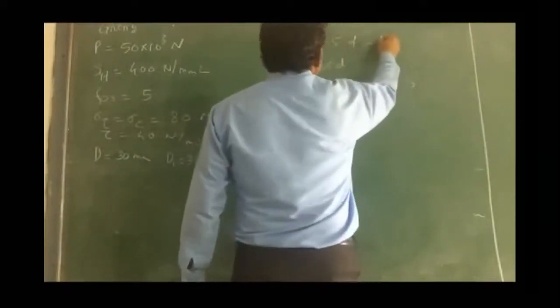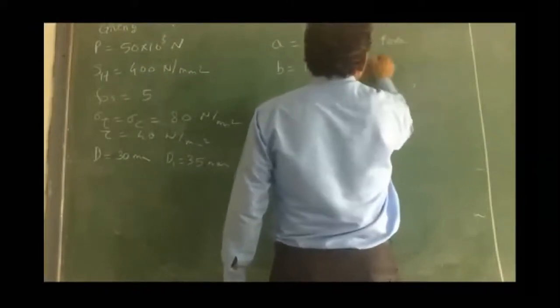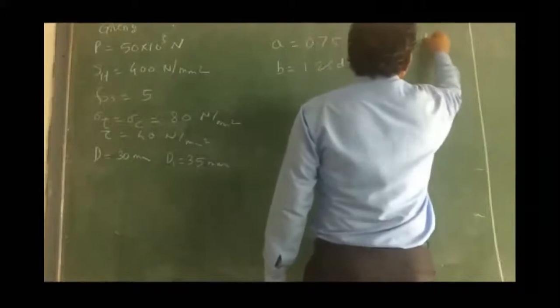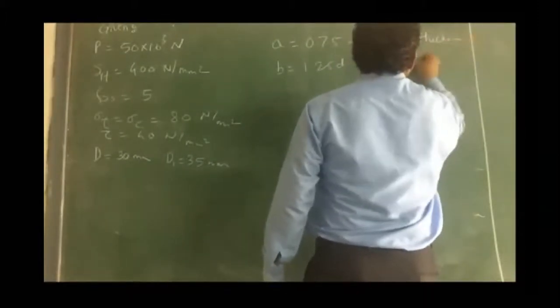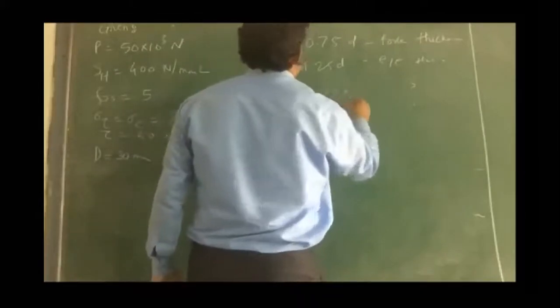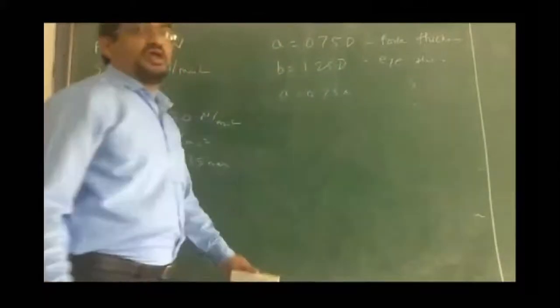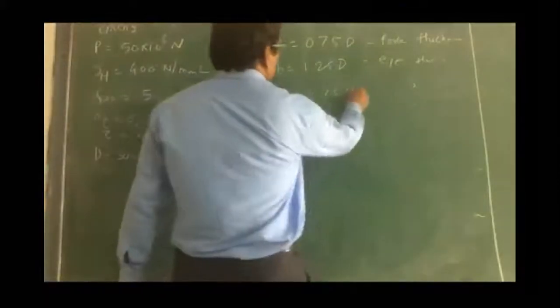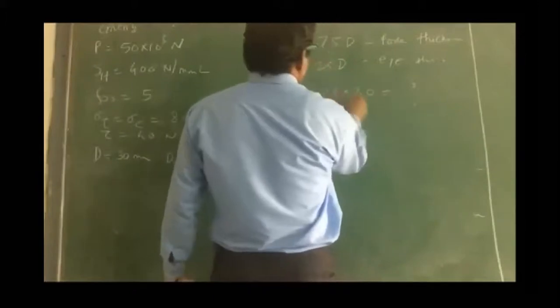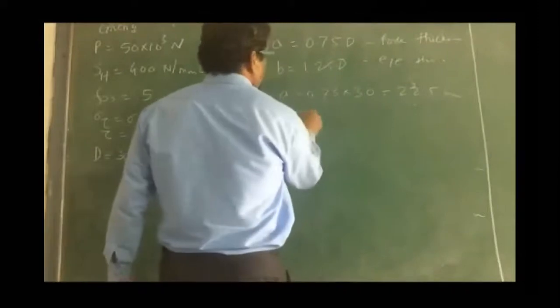This is the thickness of the fork, and this is the eye. So A will be 0.75 into D. This will actually not be the small d, because it is capital D. This is the diameter of the rod, not the diameter of the knuckle pin, which is small d. So this is 30, and 3/4 of 30 is 22.5 mm.